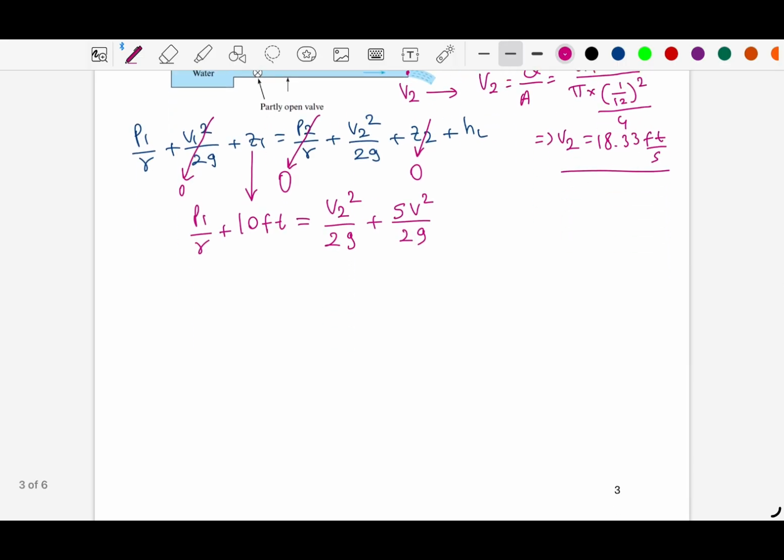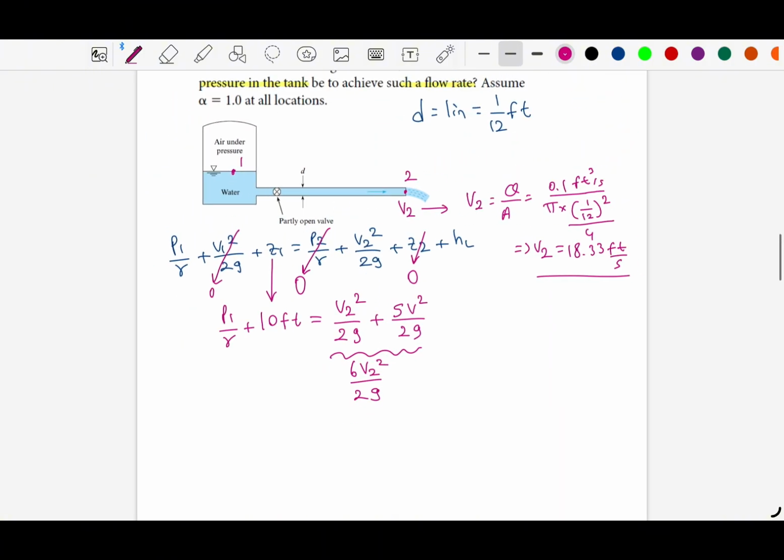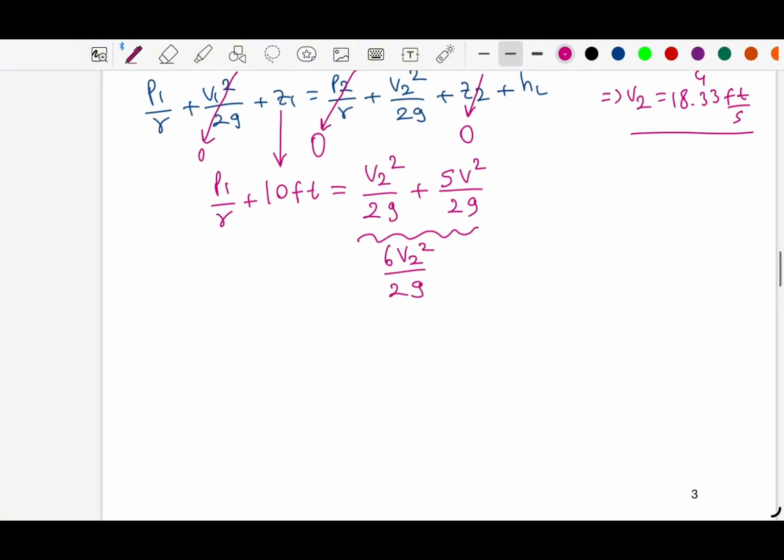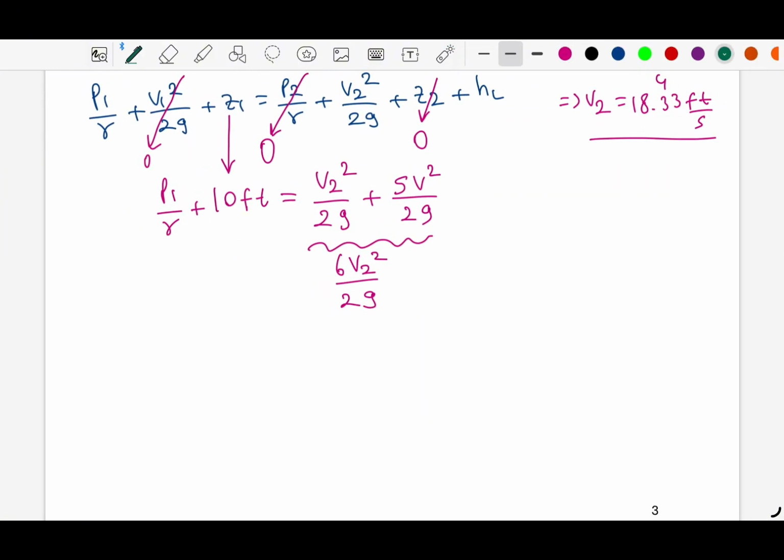So here we actually have 6v2 square over 2g, because the velocity along the system will be equal to the velocity at v2, because the diameter is the same for the entire pipe, so we have v, or we can say v2. So let me directly do the solution.